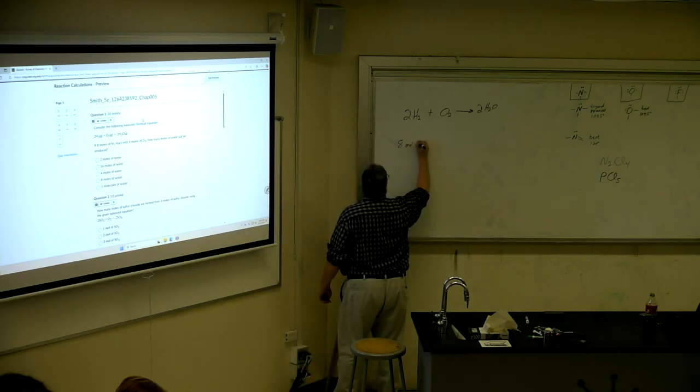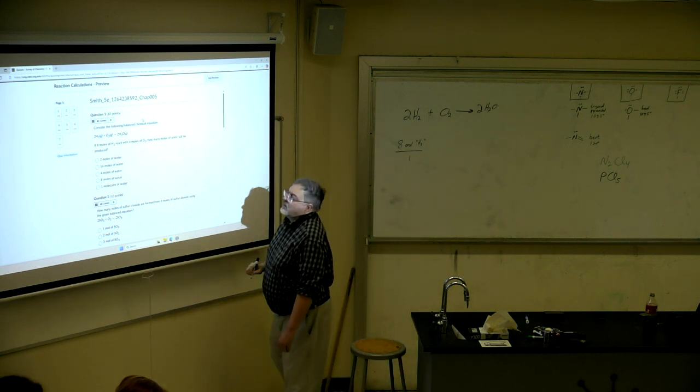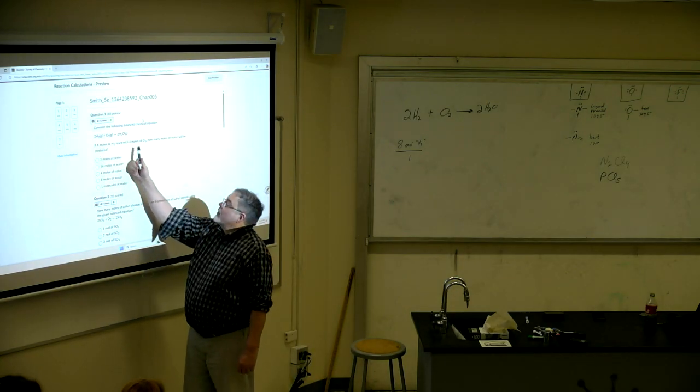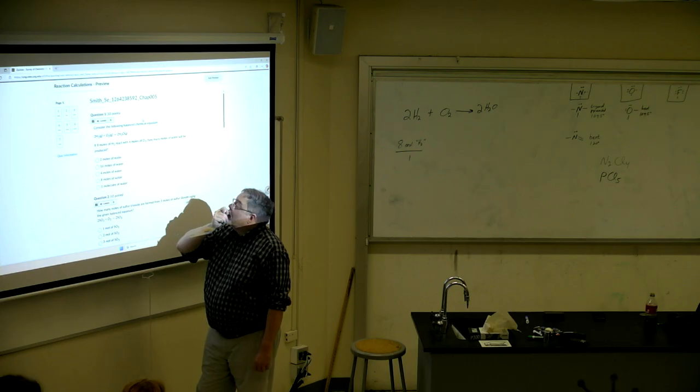8 moles of H2. 8 moles of this reacts with 4 moles of this. How many moles of water?